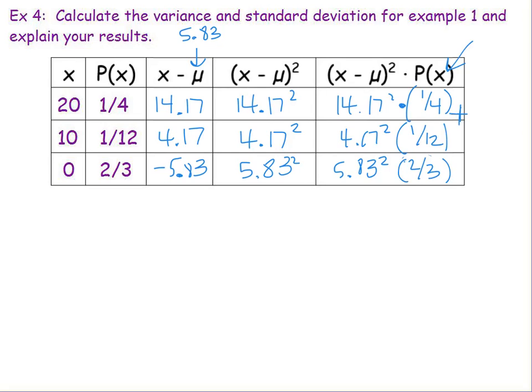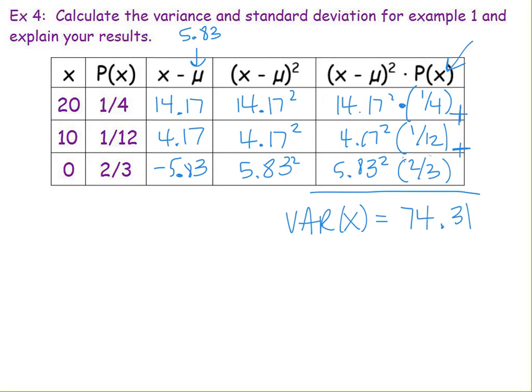4.17 squared times 1/12 plus 5.83 squared times 2/3. The answer we get here is our variance for x. And if you round to 2 decimals, because it's money, you should get 74.31.